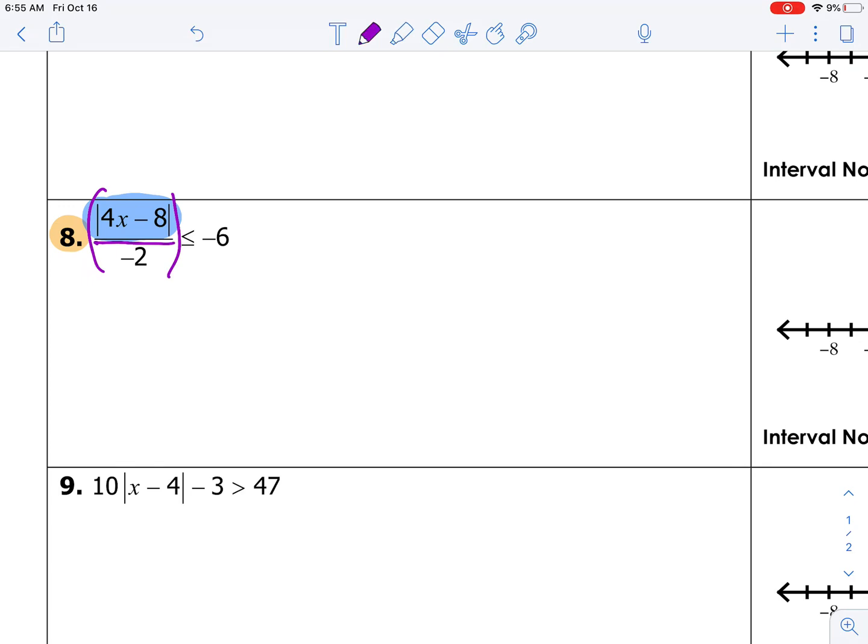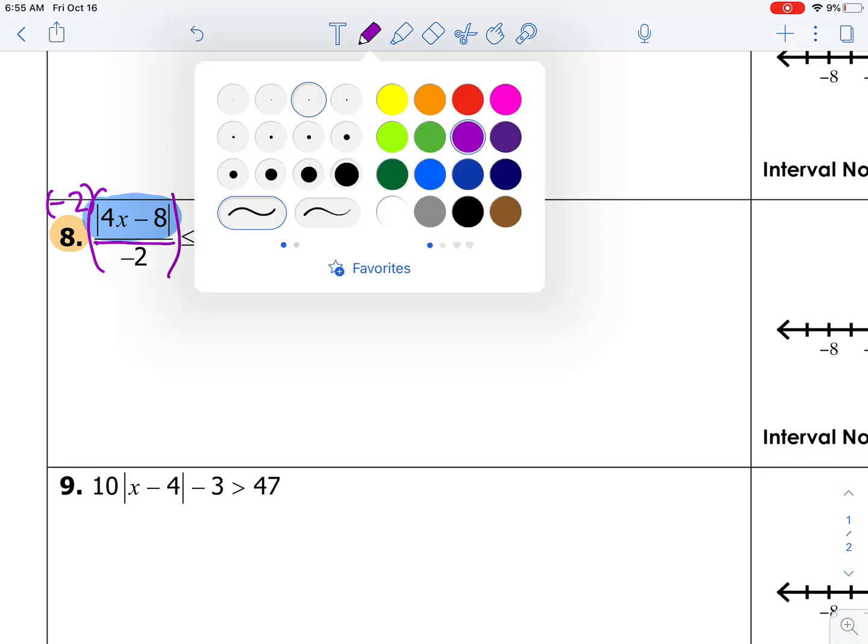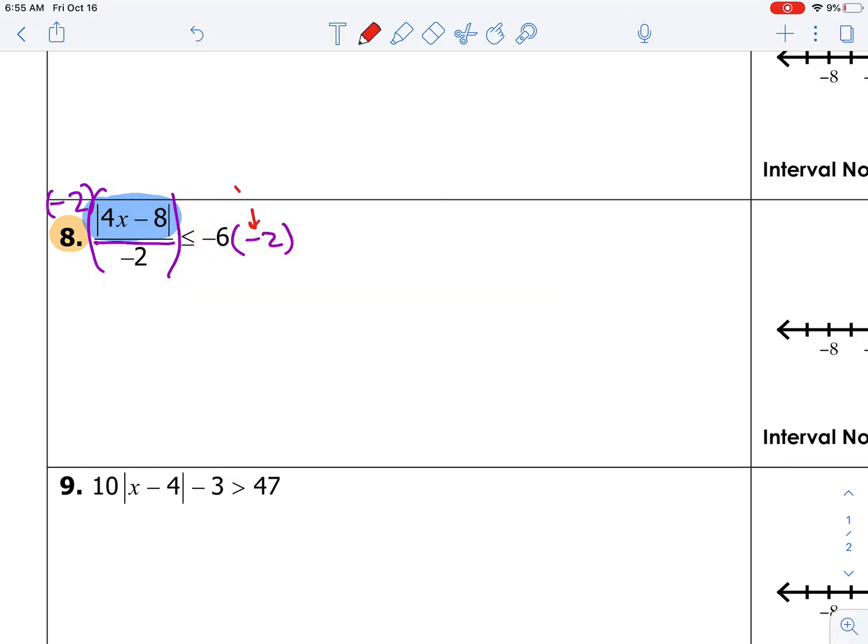So we'll start this problem by getting rid of divide by negative 2. The way that we get rid of divide by negative 2 is by multiplying both sides by negative 2. And since I'm multiplying both sides by a negative, I have to switch the direction that my inequality is facing. So it's a less than or equal to symbol.